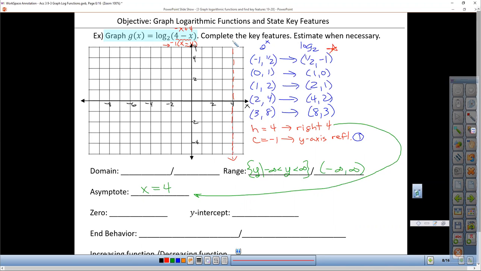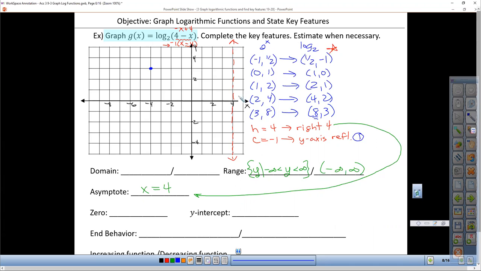It's going to help me visually know I'm doing my points right. So (8, 3), if I do my y-axis reflection, it's the x that changes to negative 8. So it flips over here to (negative 8, 3), and then it moves back to the right 4. 1, 2, 3, 4. Ends up there.